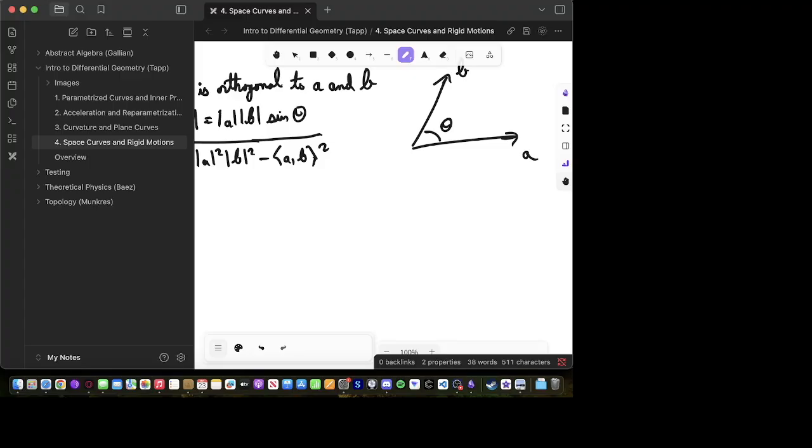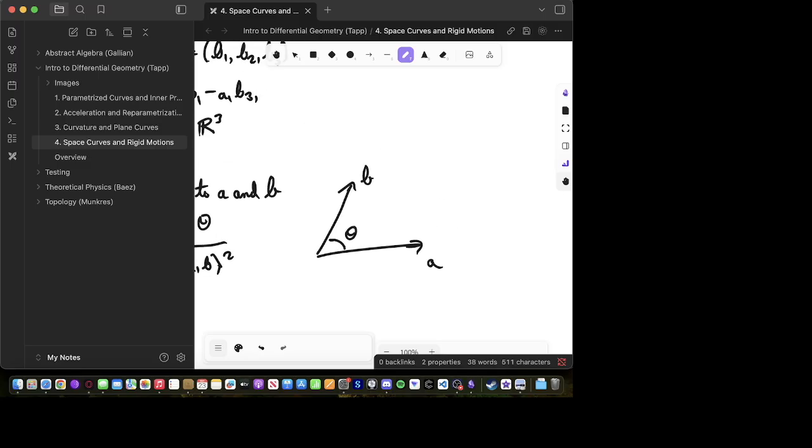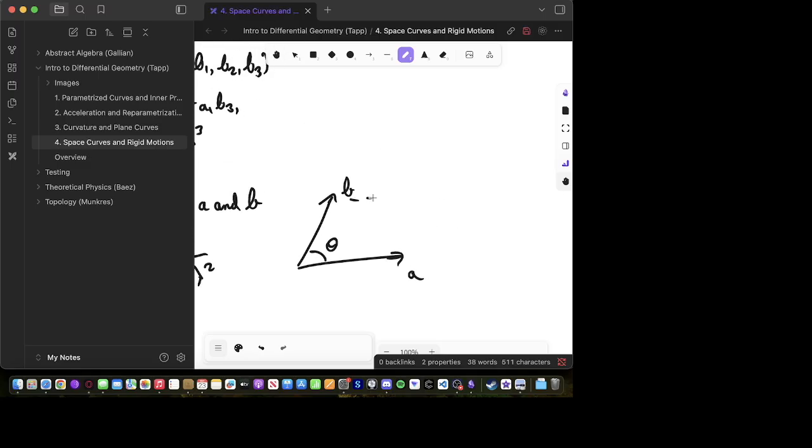And interestingly enough, the magnitude of the cross product corresponds to the area of the parallelogram, which is spanned by the two vectors. So this is the area.